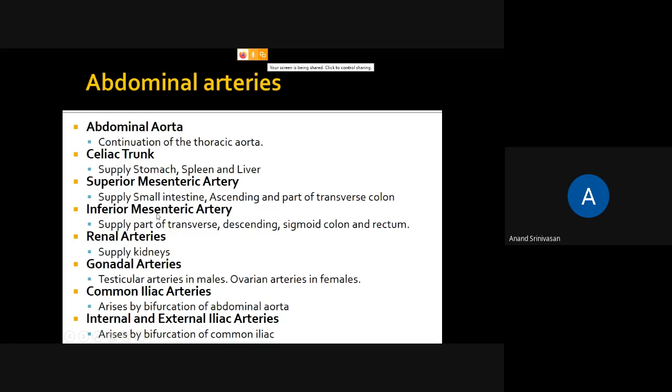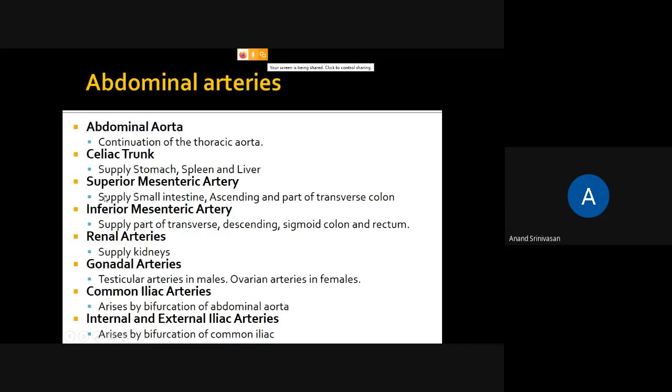The inferior mesenteric artery supplies the remaining part of the transverse colon, descending colon, sigmoid colon, and rectum. All these are part of the gastrointestinal system. From the stomach, the food goes into the small intestine, then into the ascending colon, transverse colon, descending colon, sigmoid colon, and then rectum.